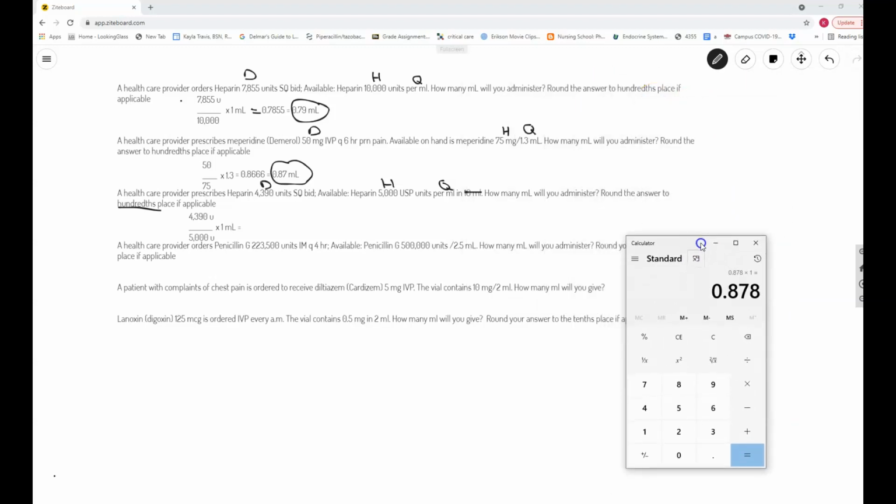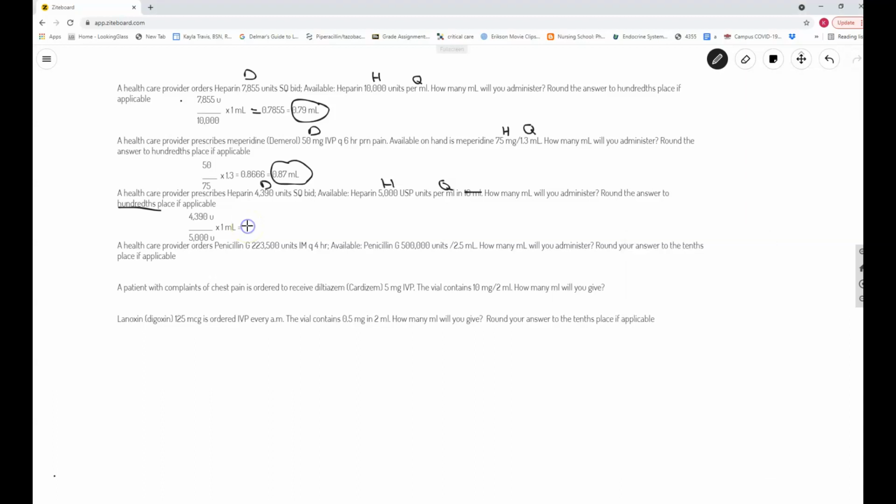But my answer is supposed to still be in the hundredths, so I still have too many decimal points. So what is my answer going to round to? So 0.878 is going to round to 0.88 milliliters. Okay, so that's my answer.